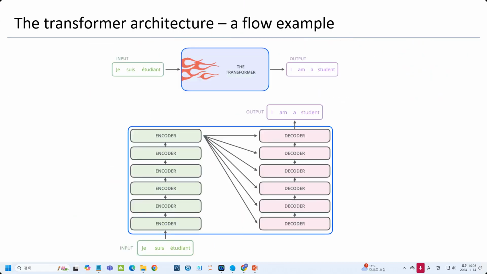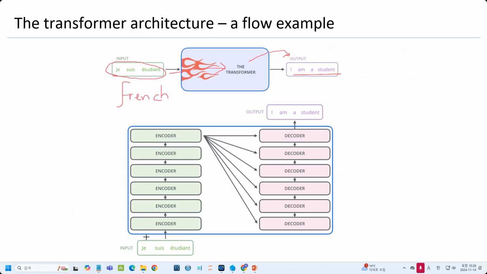So this shows an example. Let's say I have an input in the French language, and I want to use the transformer to show the output, I am a student, for example.